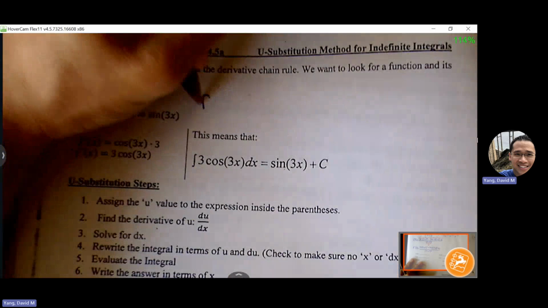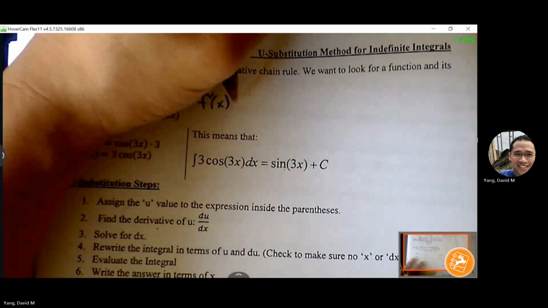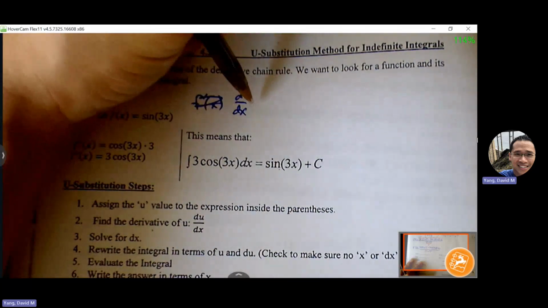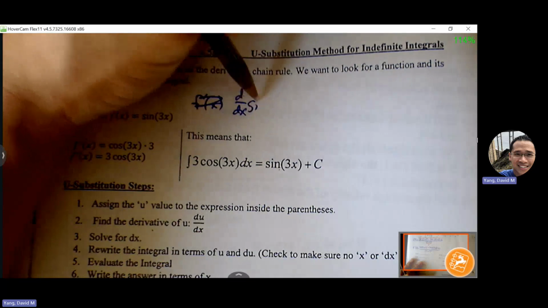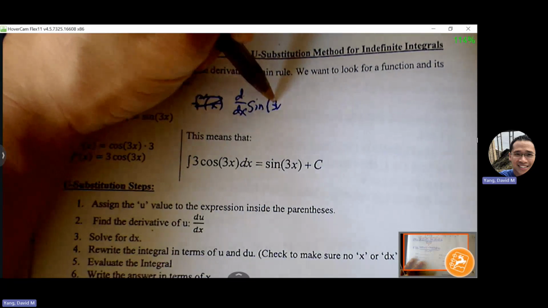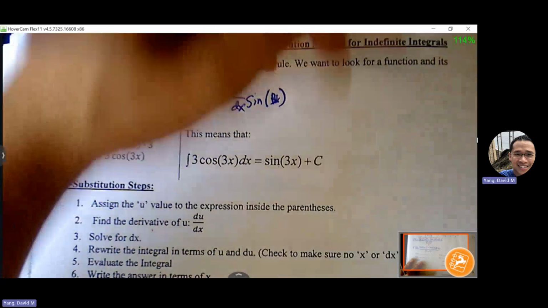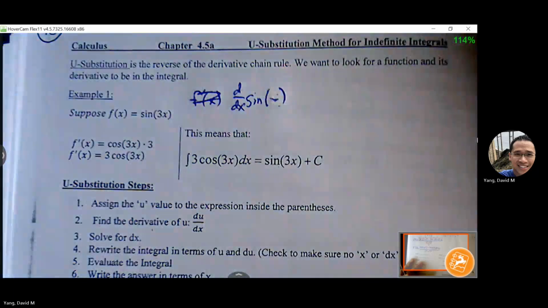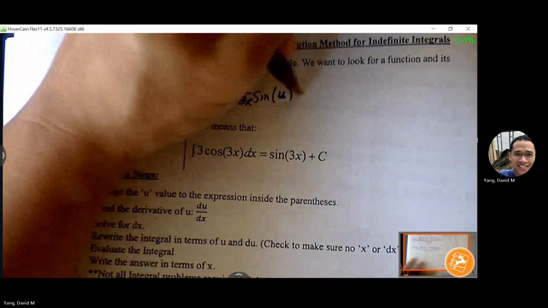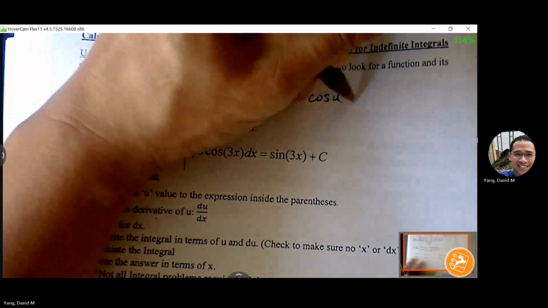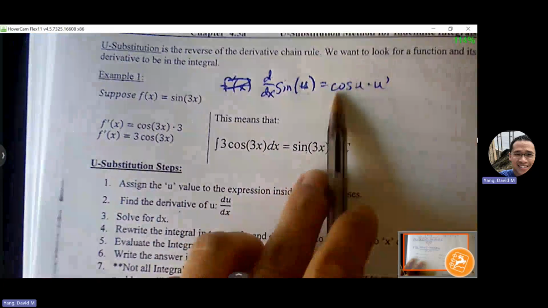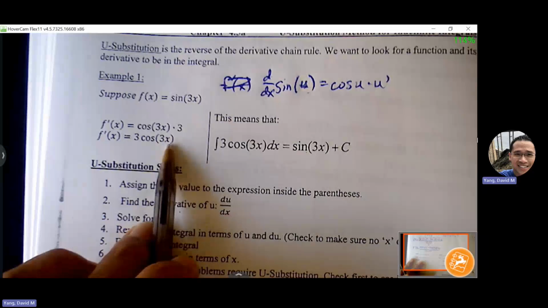That's why I like to have us memorize the rules in terms of u and u primes, because there's always a chance of that u prime where we have to go through chain rule. So we know the derivative of sine of 3x is just cosine of 3x times 3.